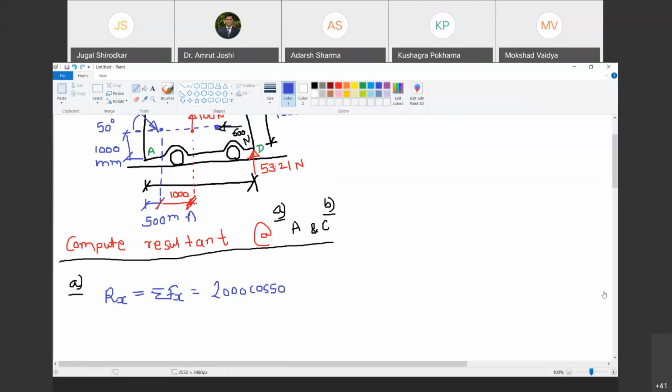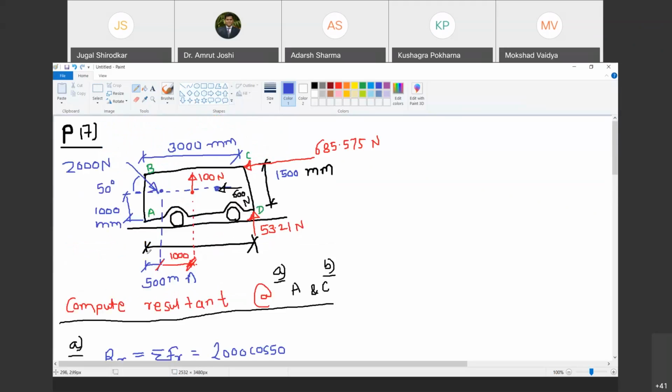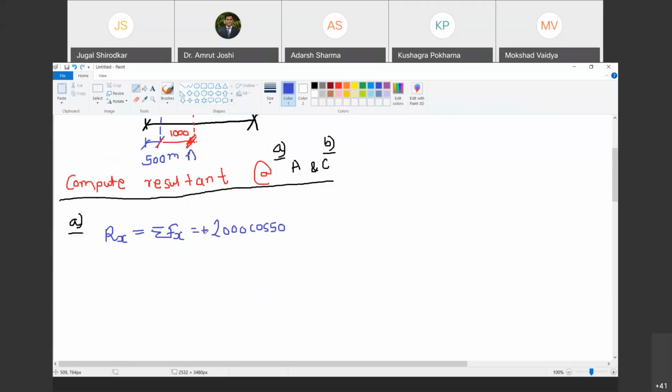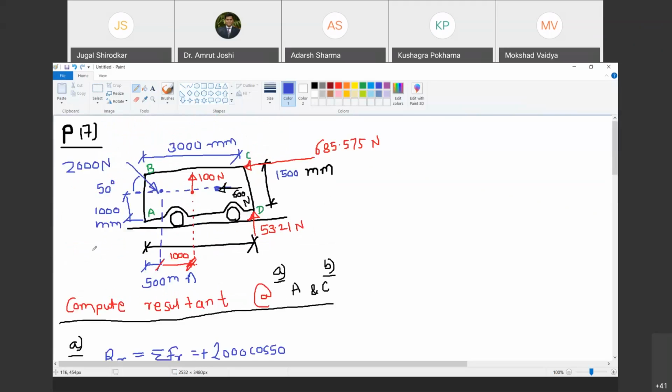Positive because it is acting in positive x direction. First of all, we will have to define the direction. So let me call A as the origin, and x axis is towards right and y axis up as positive. This is what I have defined if not given in the problem. Are you with me? Yes, sir.